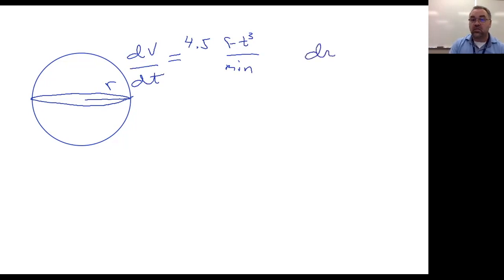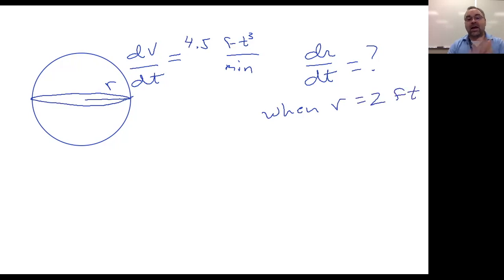What is dr/dt when r is equal to 2 feet? Here I have dV, and here I'm trying to find dr. I'm given r. Is there some way to relate the rates of change of V and r in a sphere? Well, of course there is.